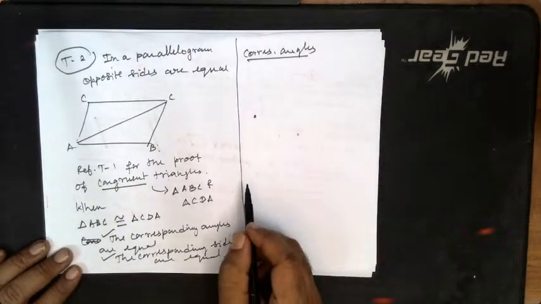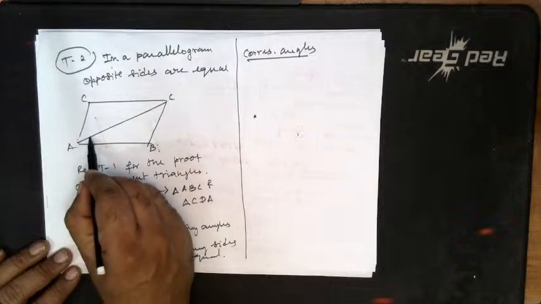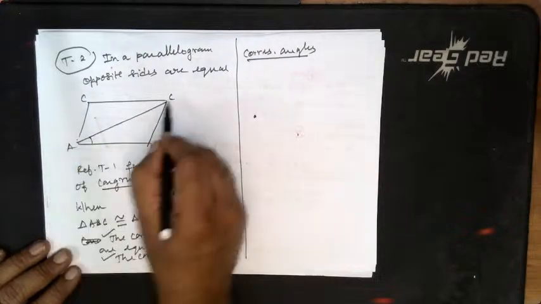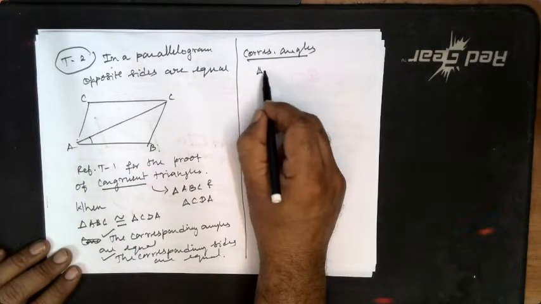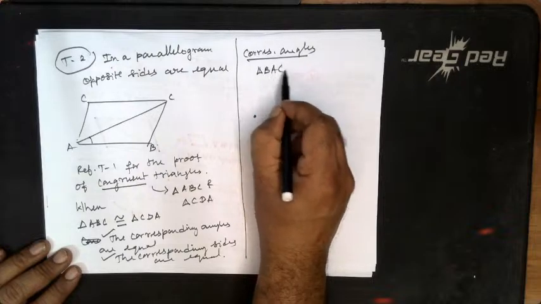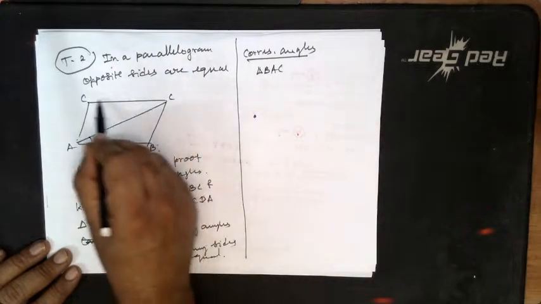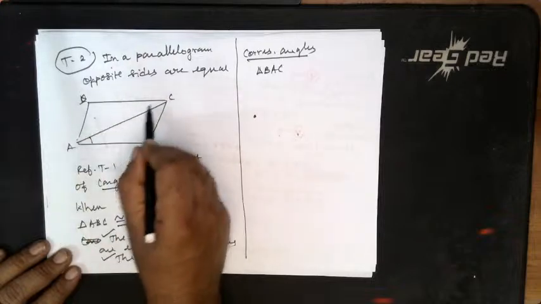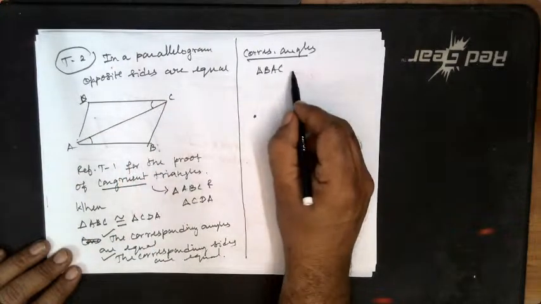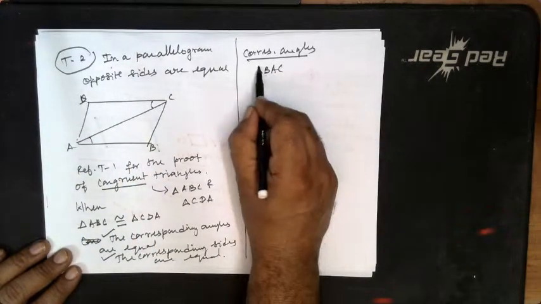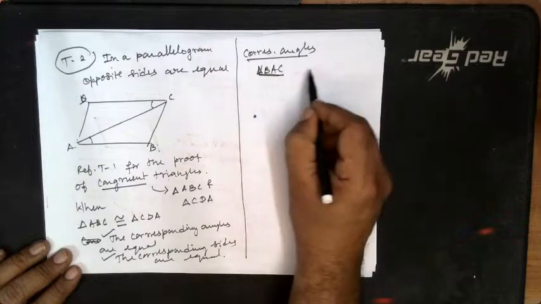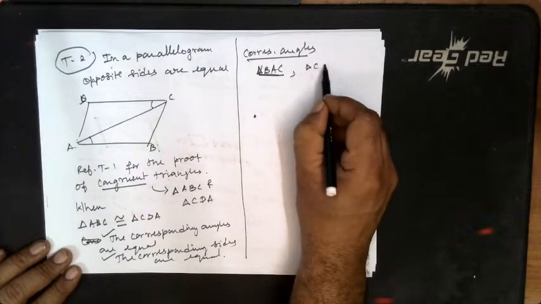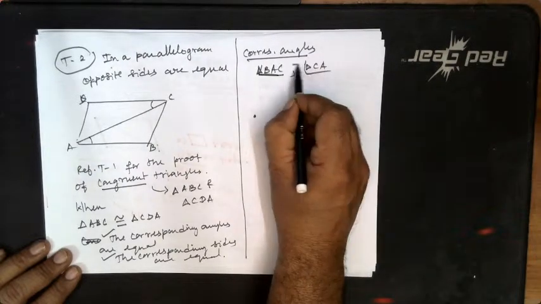So let us identify the corresponding angles. What are the corresponding angles? That is angle BAC and another angle, DCA. So they are equal.